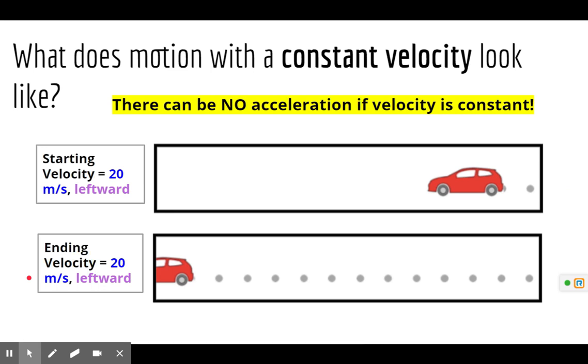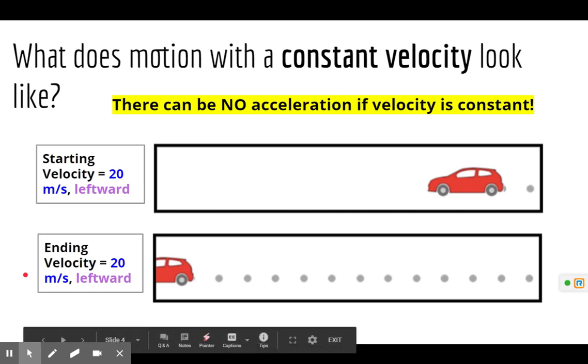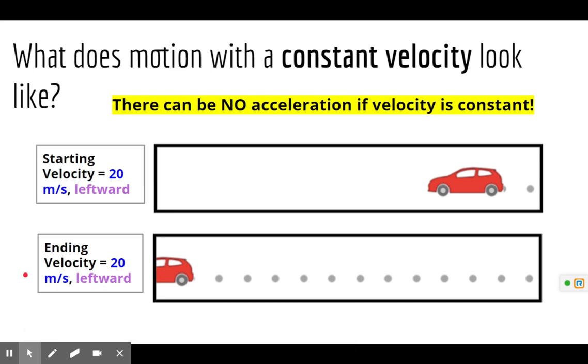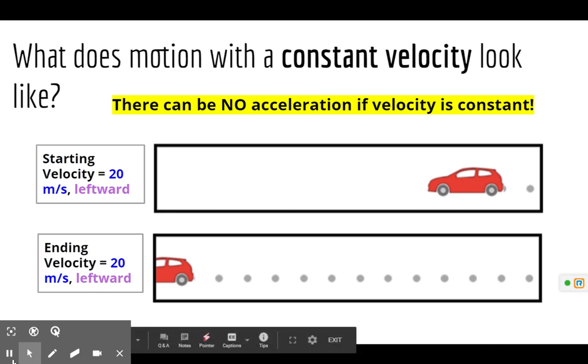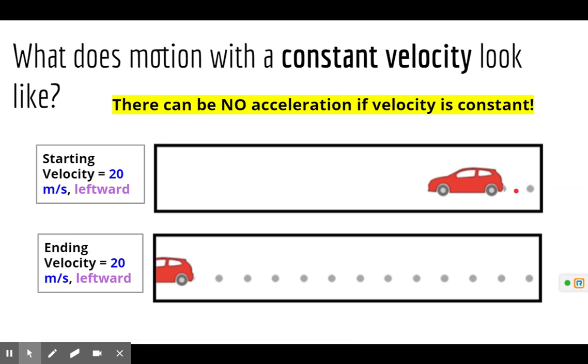What does motion with a constant velocity look like? A constant velocity is not a changing velocity. There can be no acceleration if velocity is constant. In the first frame, we have the car starting out with a velocity of 20 meters per second in the left direction.